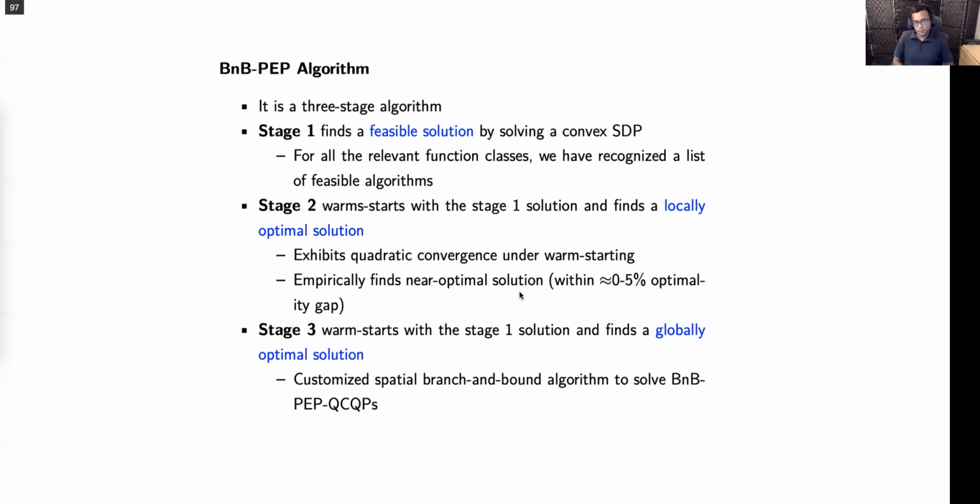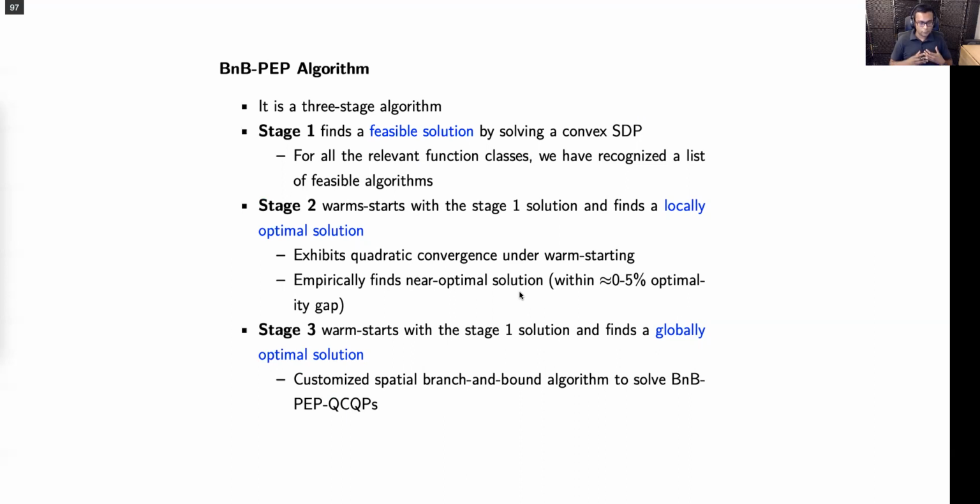It is a three-stage algorithm. Stage one finds a feasible solution by solving a convex SDP. For all the relevant function classes, we have recognized a list of feasible algorithms that can be used to find such a feasible solution. Stage two will warm start with the solution from stage one, and then find a locally optimal solution using a nonlinear interior point algorithm.